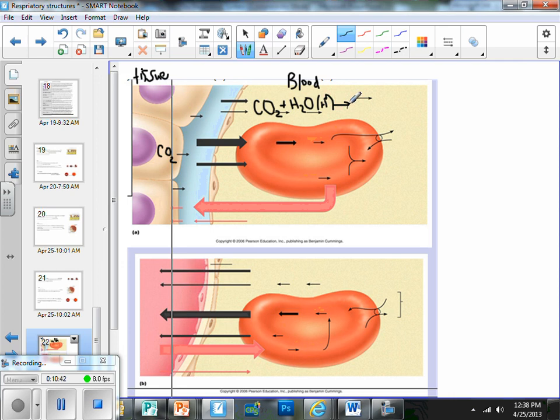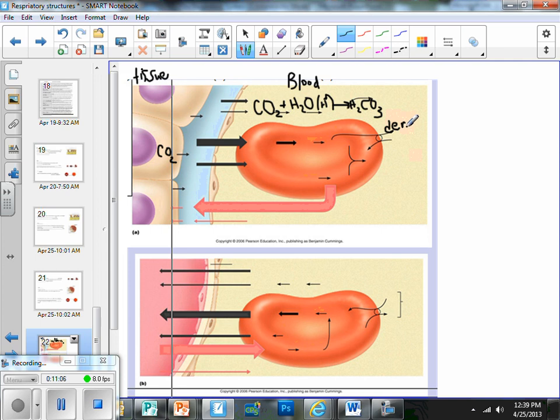And it's going to create carbonic acid, which is actually H2CO3.